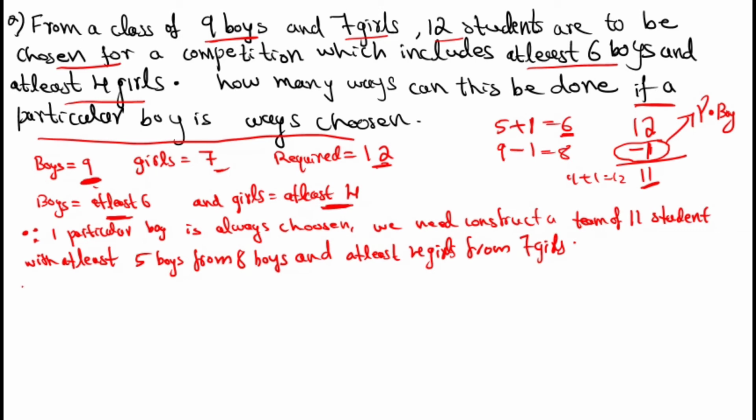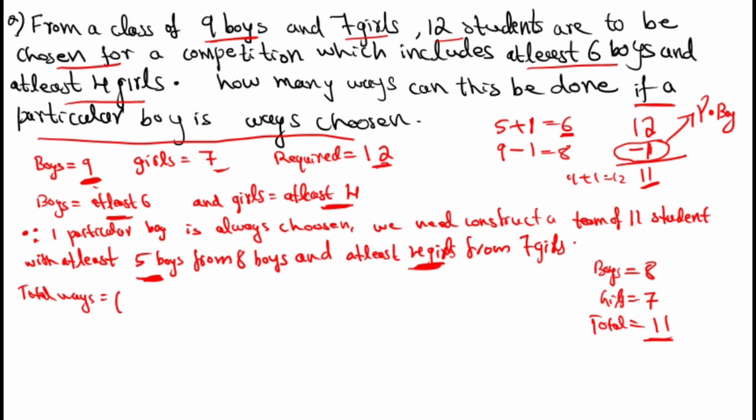So boys is equal to 8 boys are there now. Girls is equal to 7 girls are there. But you need to remember, you need to select at least 5 boys and at least 4 girls. That means minimum 5 boys and minimum 4 girls. Total you need to get is 11 students.